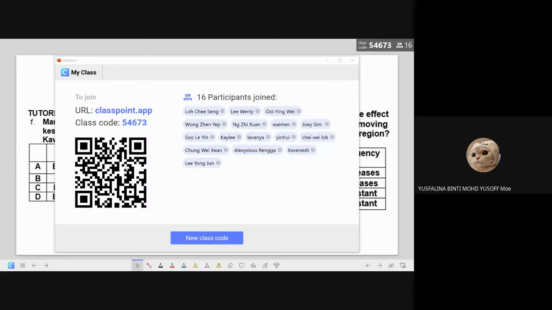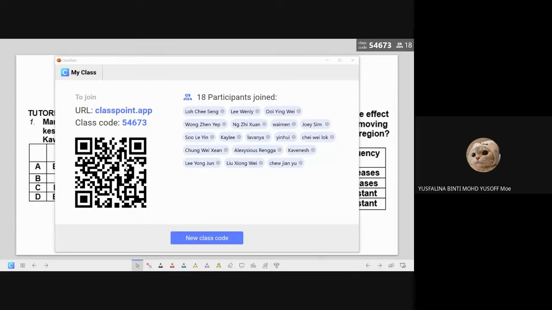I also use laptop. For those who are using phone, you can use the QR code. Just scan. You don't need to enter the code. You will just go directly to the slideshow. Maybe you cannot use the link to join.